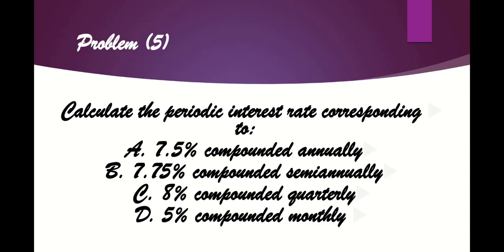And for C, the nominal rate equal 8%, and M will be equal 4. At the end, the nominal interest rate for D will be equal 5%, and M will be equal 12.